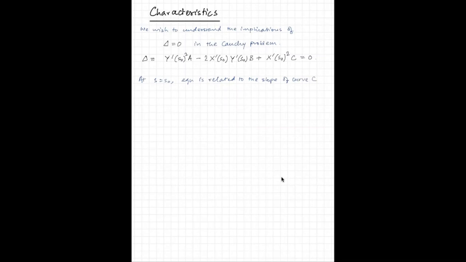So that is, dy dx at x naught y naught is equal to y primed s naught by x primed s naught.